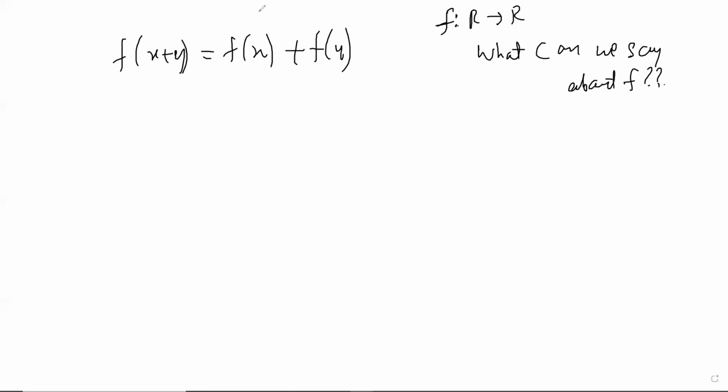Maybe we can try x equal to y or x equal to 0 and y equal to 0, something like that. Right. So let's try that. So if we try x equal to y, so here is one technique already: when you are writing this x equal to y, it usually turns out in the long run to be better if you write it like this.